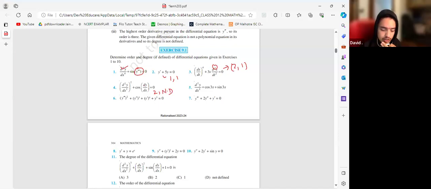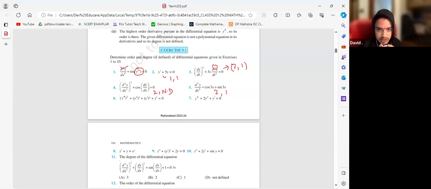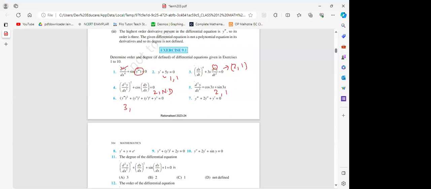Question 5. In this one, the order is two and the degree is one. Yes. Question 6. The order is three and the degree is two. Yes.